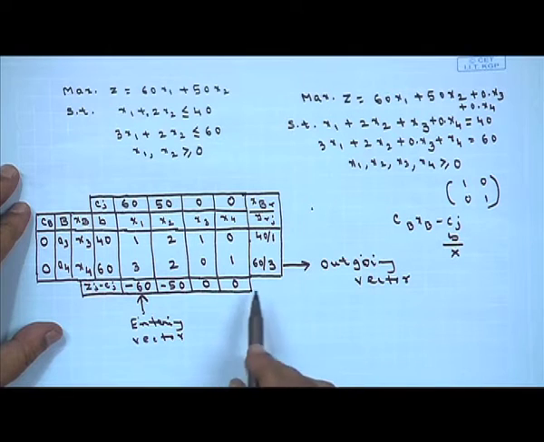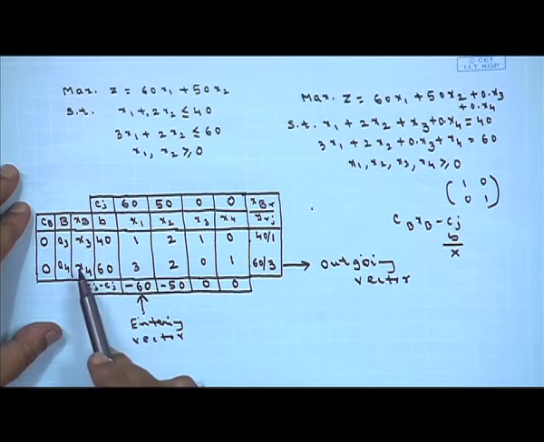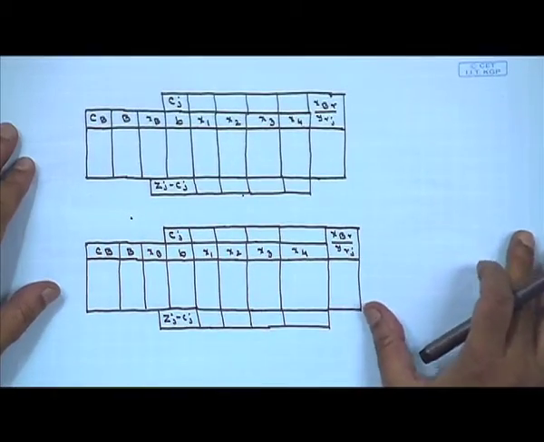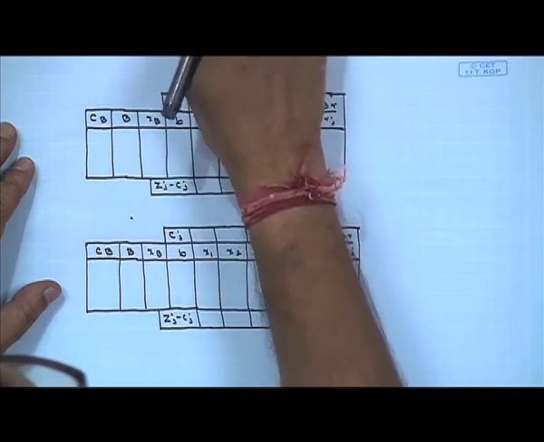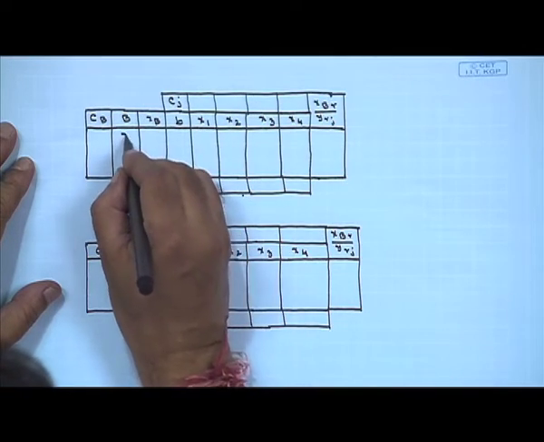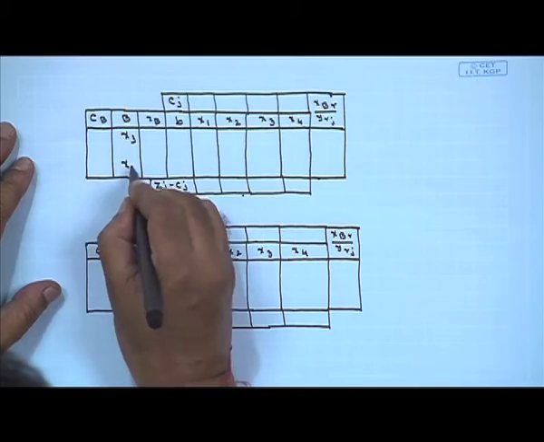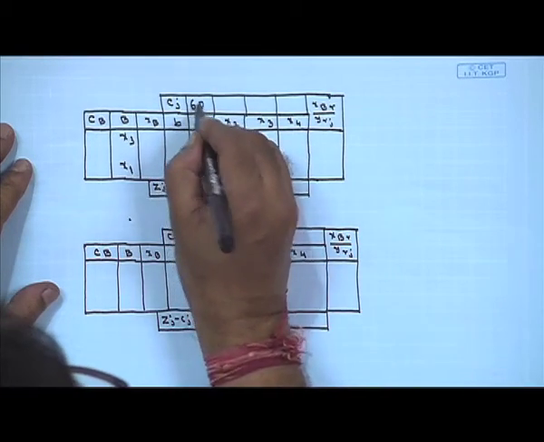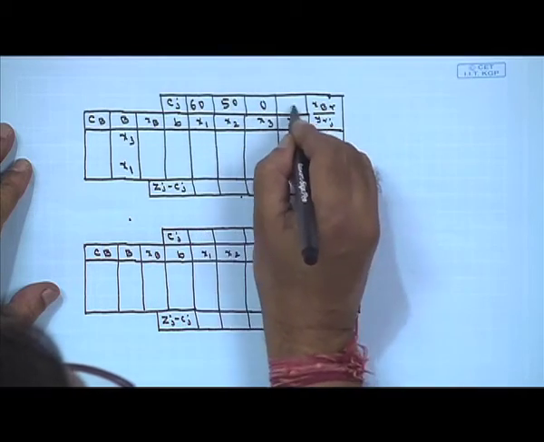So, in the next table what will happen? x1 will enter and x4 will go out. Let us see quickly what happens in the next table. For X_B, x3 and x4 will be replaced by this. These values remain the same, that is 60, 50, 0 and 0.